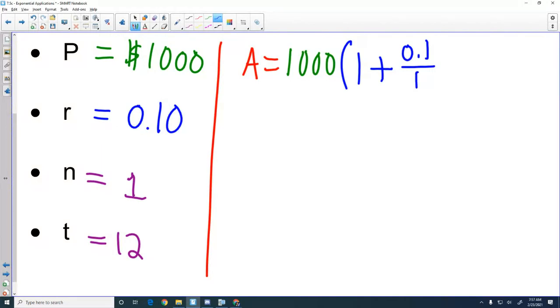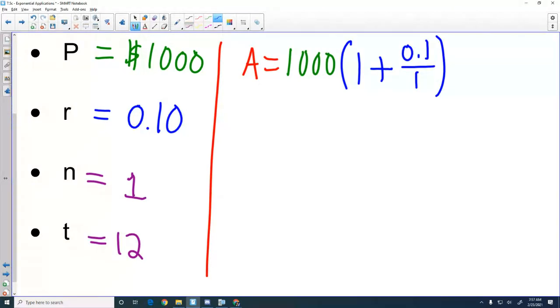It's just 1. So is that different than our ab to the x that we originally used to calculate it? No, because we had 1 plus 0.1 in that first time we solved the Spider-Man problem. But because the interest is kicking in only once a year, he's still getting that whole 10% one time a year.